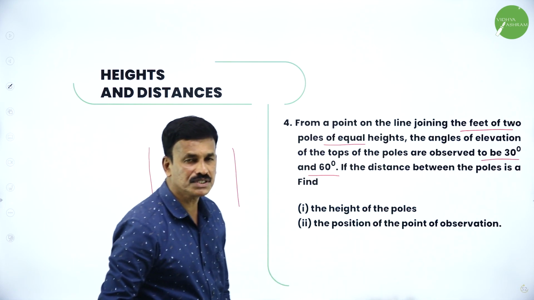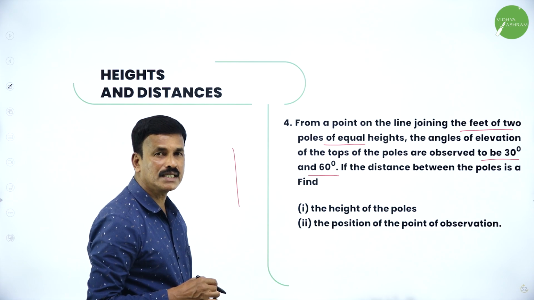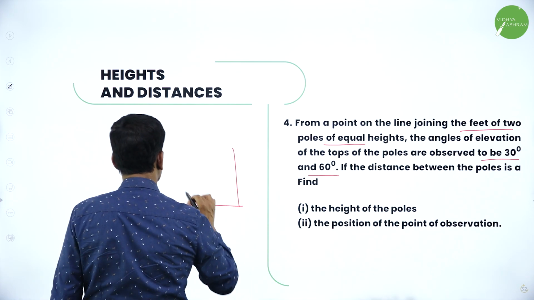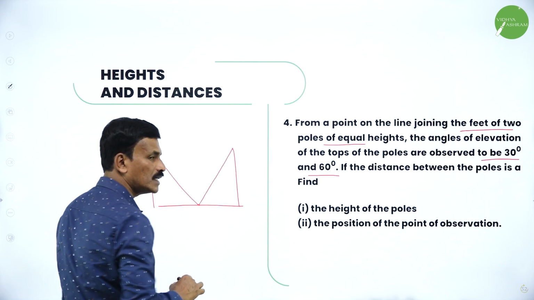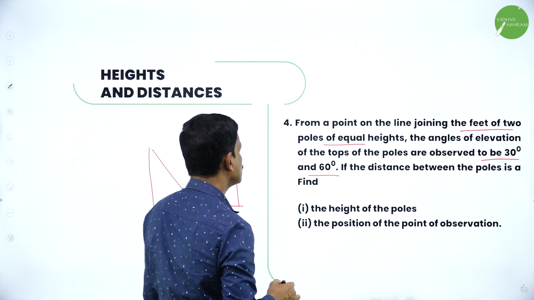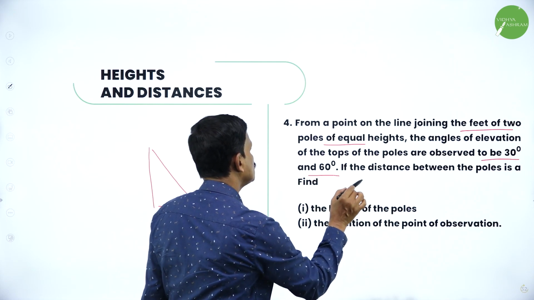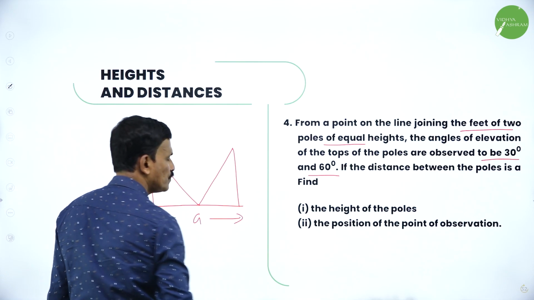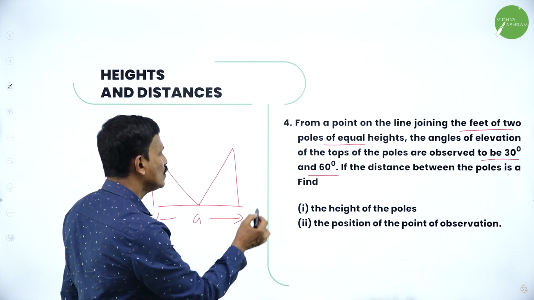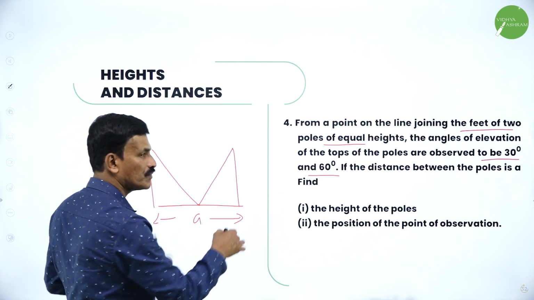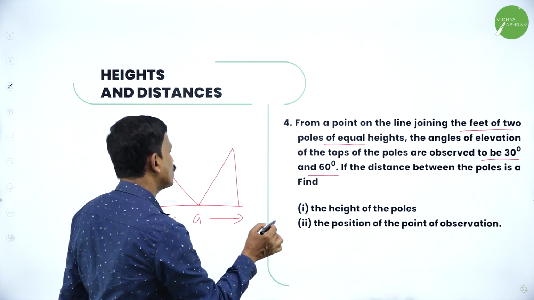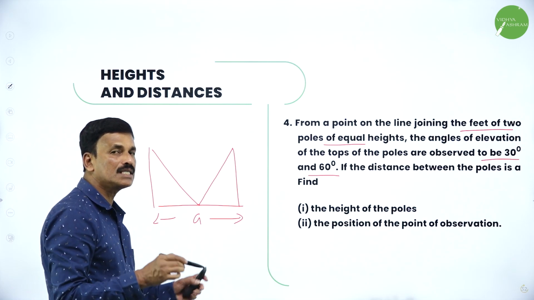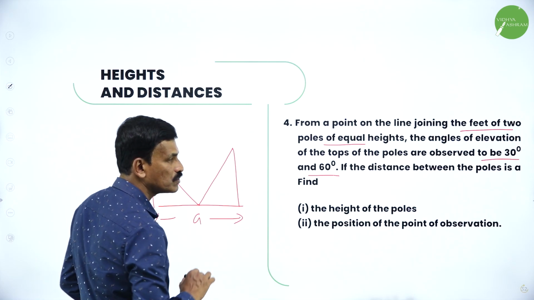If A is the distance between the two poles, then find the height of the poles. We have to find the height of the poles and the position of the point of observation. So the observer position is to be determined as well as the heights of the poles.